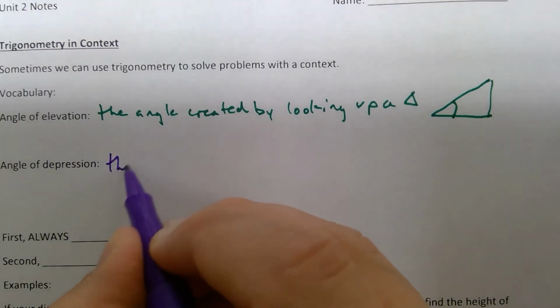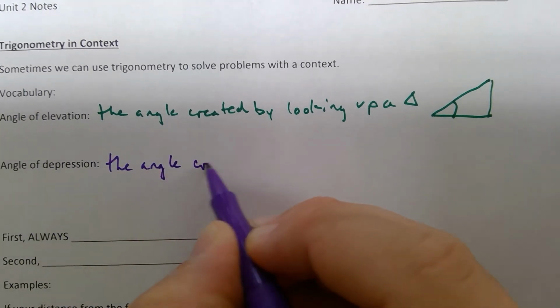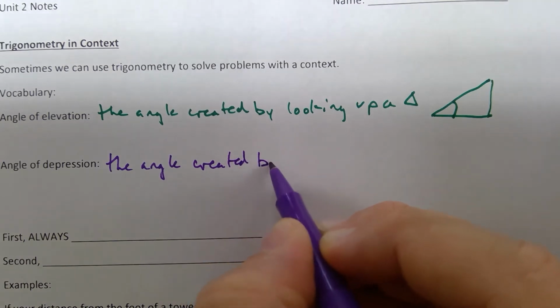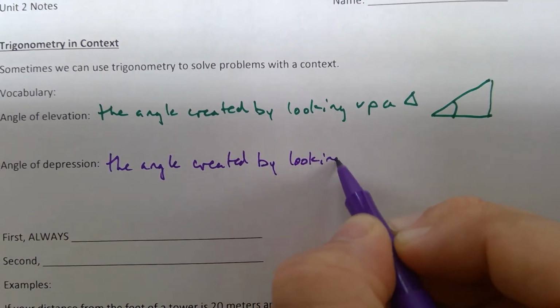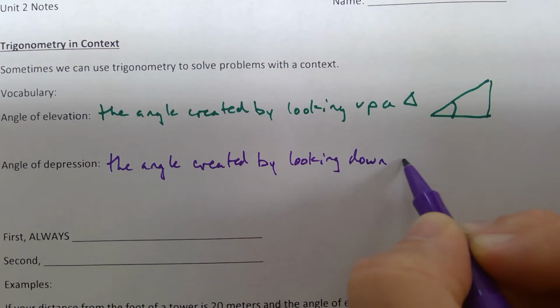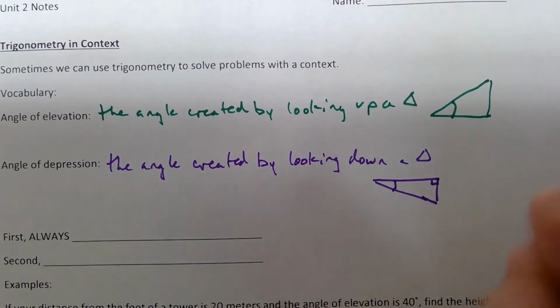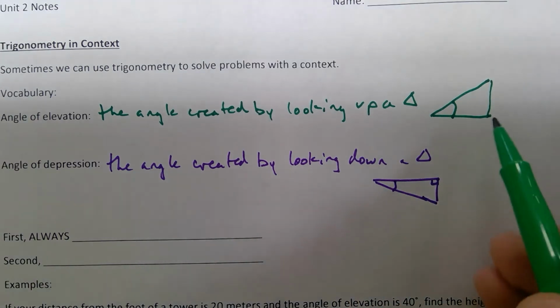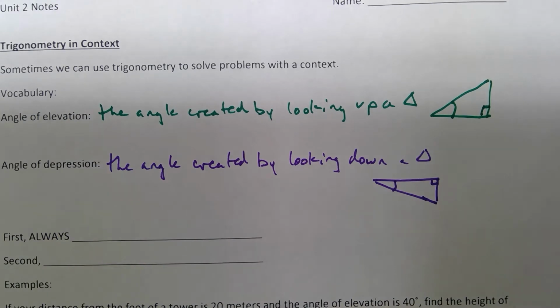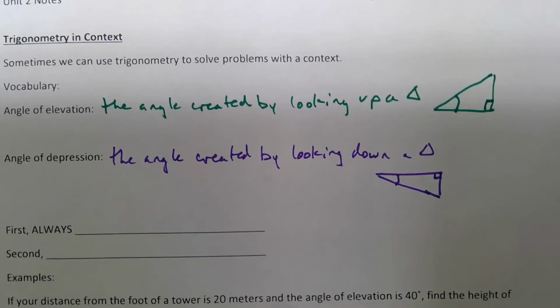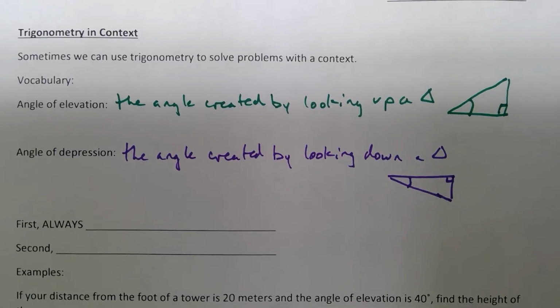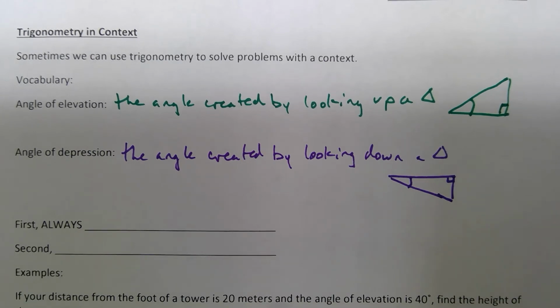And this is the angle created by looking down a triangle. And that's going to be that angle right there. Okay? So we'll be drawing some pictures today, so it should be clear what angle we're trying to find, but we want to make sure that we're familiar with those terms.